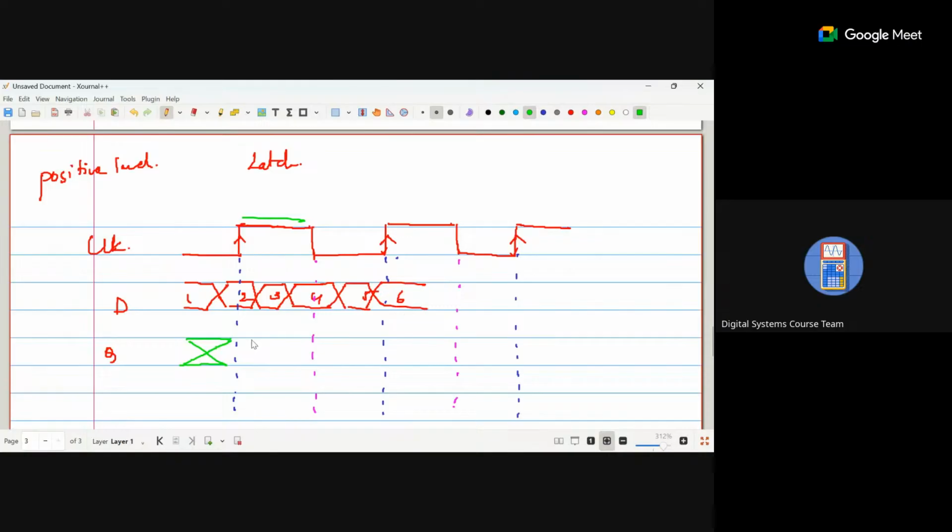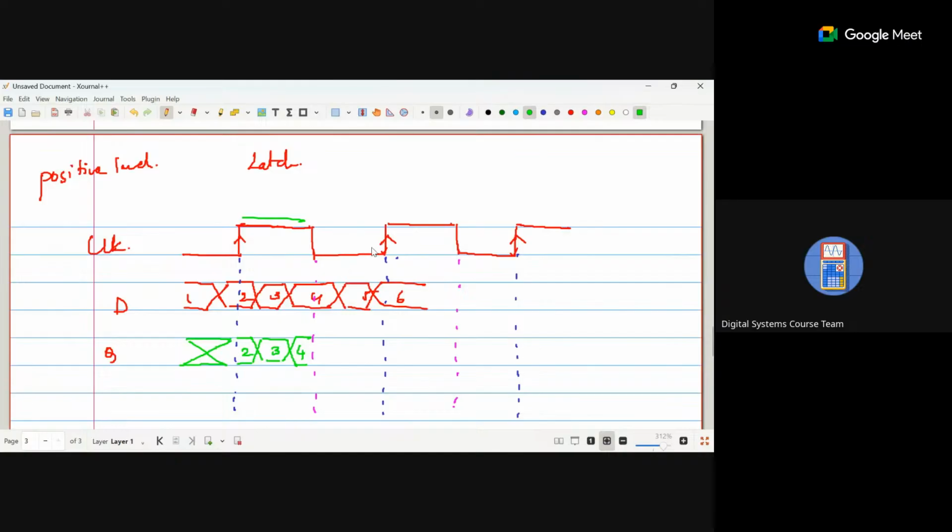And after that, once it is positive triggered here, whatever the input is there will be given in the output. So in the input here you have 2, then you have 3 here, you also have 4 here, right? So this will be the positive side of the level trigger. Next it goes to the negative side.